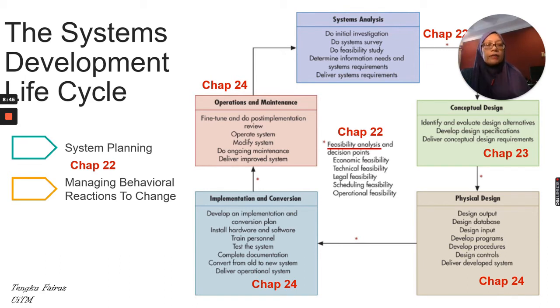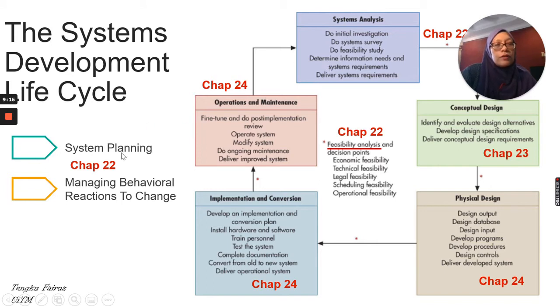But bear in mind, if you refer to other textbooks or other resources, as I mentioned earlier in the first class, you can also refer to other books that have the title System Analysis and Design. Maybe they have different phases. Some of the books start with system planning as the first phase, not system analysis.